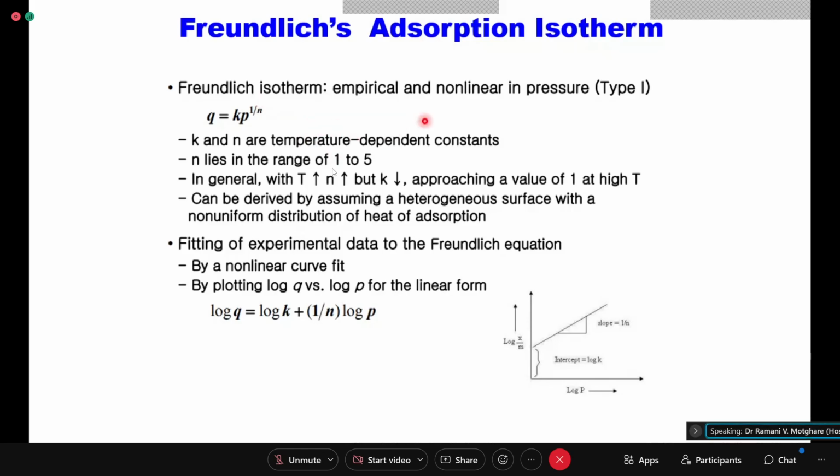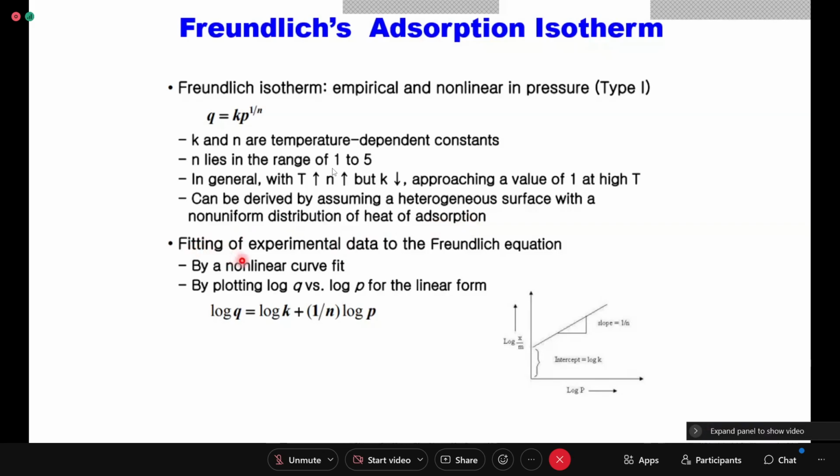According to Freundlich, x by m is equal to kp raised to 1 by n, where k and n are temperature dependent constants. n lies in the range of 1 to 5. In general, with the increase in temperature, n increases but k decreases, approaching a value of 1 at high temperature. The Freundlich adsorption isotherm can be derived by assuming a heterogeneous surface with a non-uniform distribution of heat of adsorption.